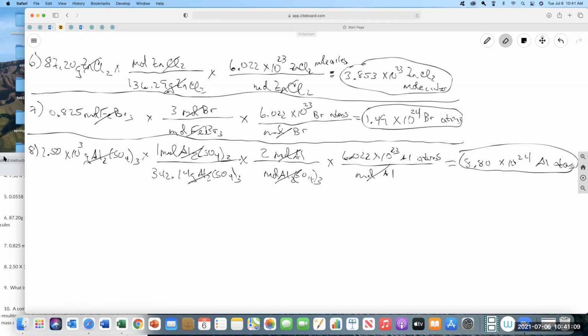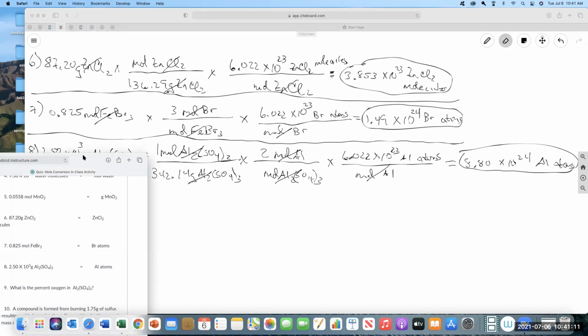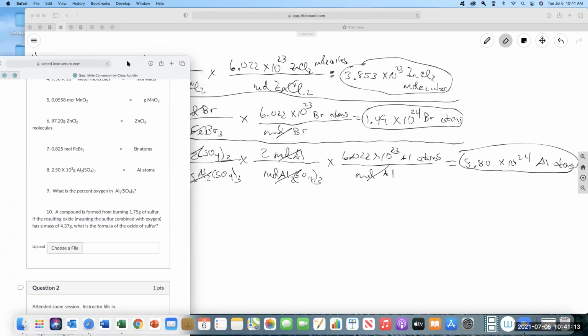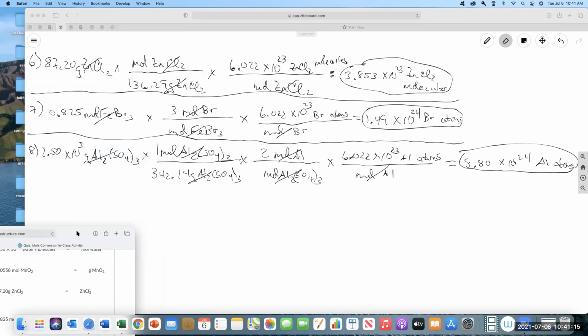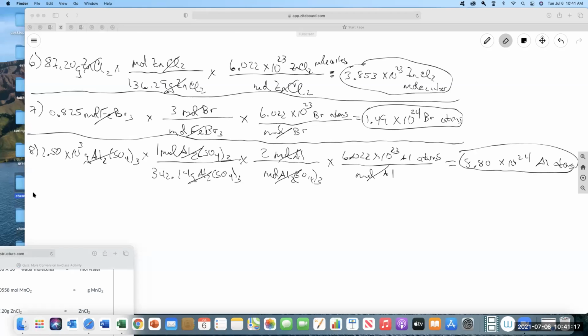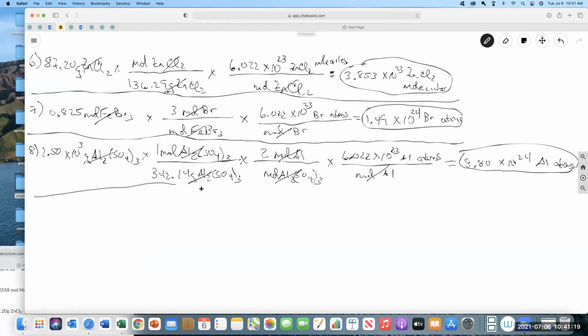All right, let's look at number 9. What's number 9? Percent oxygen in Al2(SO4)3. So this one's a little different. We want the percent oxygen in this compound.